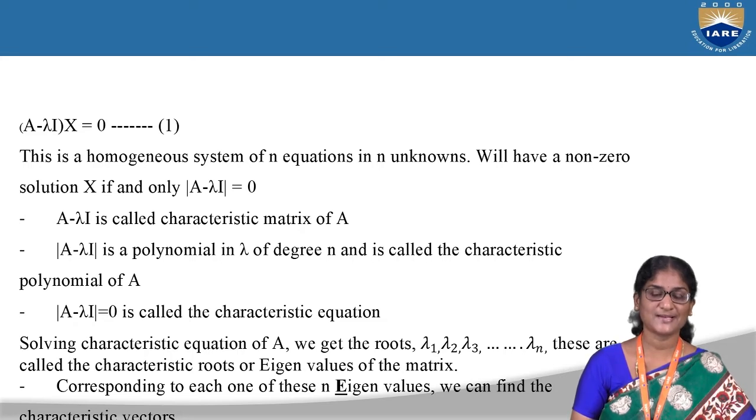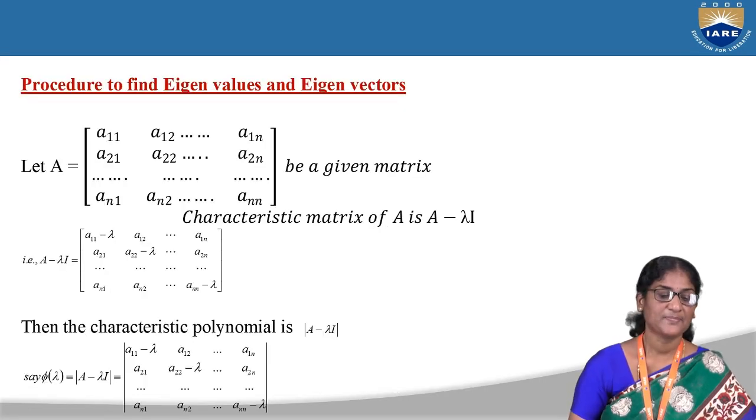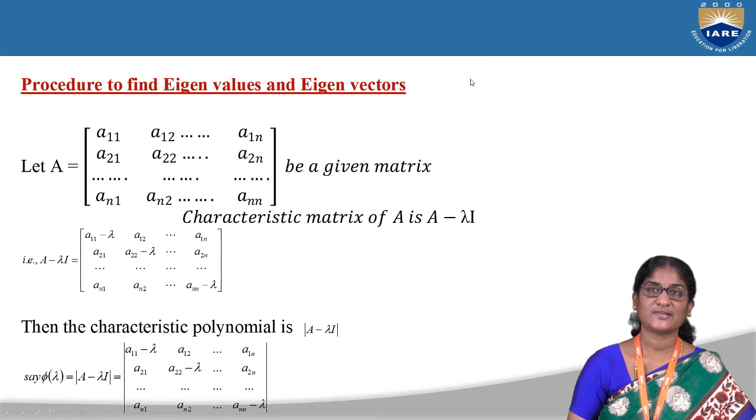These are called characteristic roots or eigenvalues of the matrix. Corresponding to each one of the n eigenvalues, we'll find the eigenvectors.